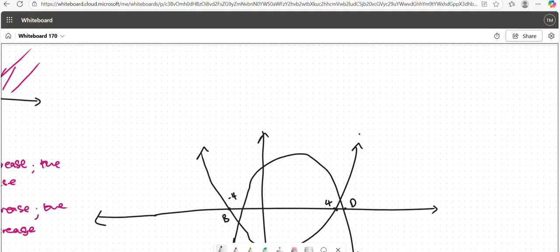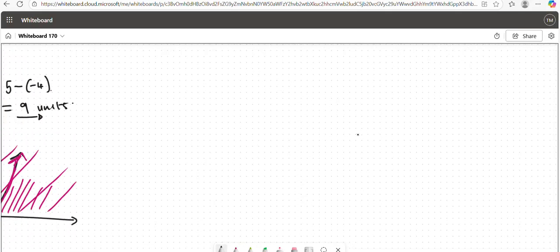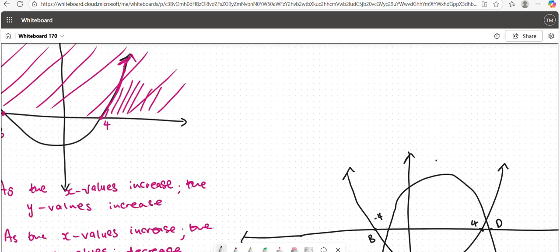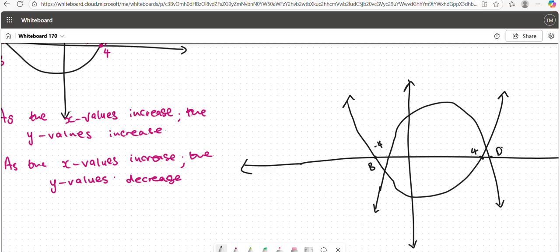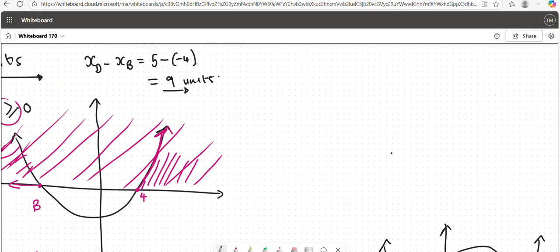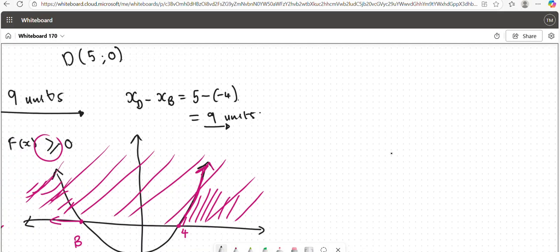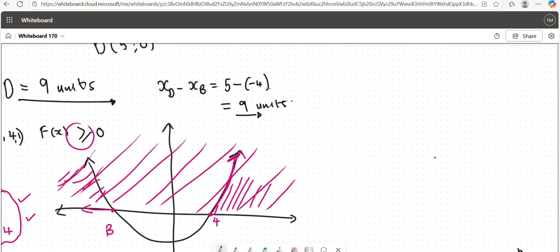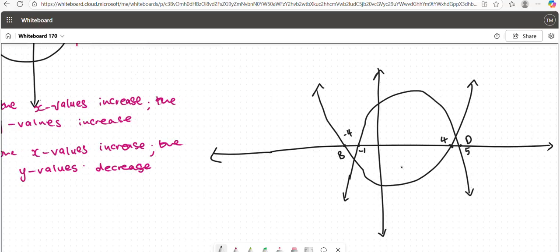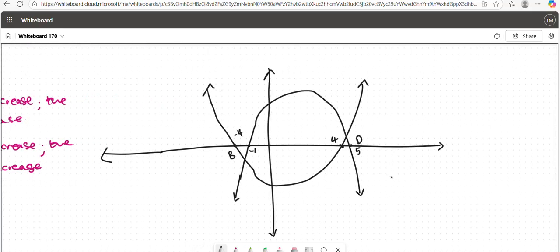I forgot what the D value was. Just scroll up here. The D value was 5. So here we have 5 as our D value. What was this guy? That guy was -1. So this guy here is -1. I know it doesn't look like that, but just stay with me.